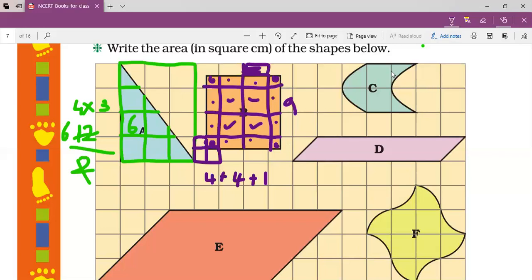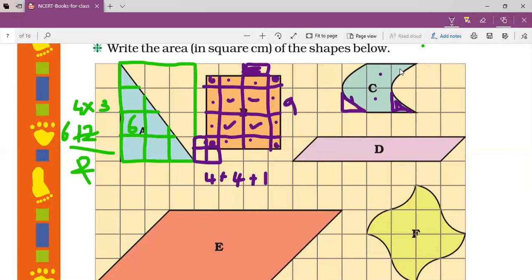See this also. One full completed shape I got. Two are there, completely covered. If I put this part over here, will it make one complete shape? Yes, it will. So I got one more.